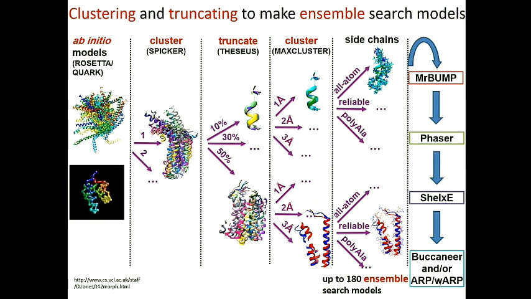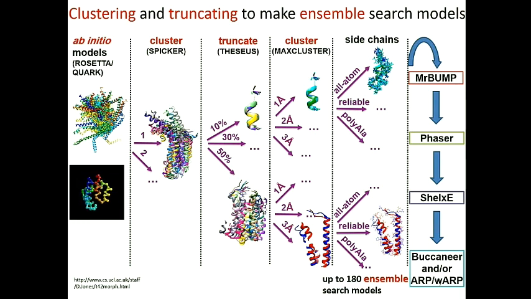Very importantly, within that cluster of similar structures, it's known, we and others realized, that the variable parts are likely to be less reliable. And so we can progressively eliminate those and hopefully leave ourselves with something smaller, still suitable for molecular replacement, but more accurate in terms of its resemblance to the unknown target.